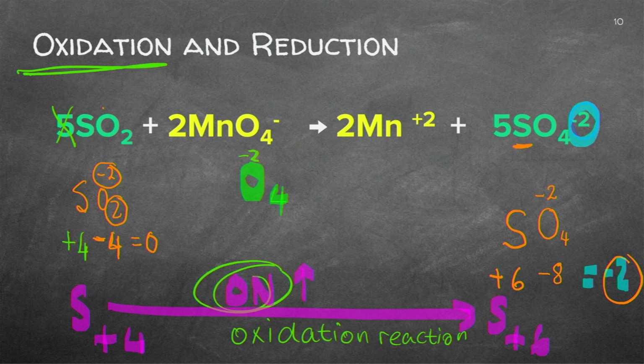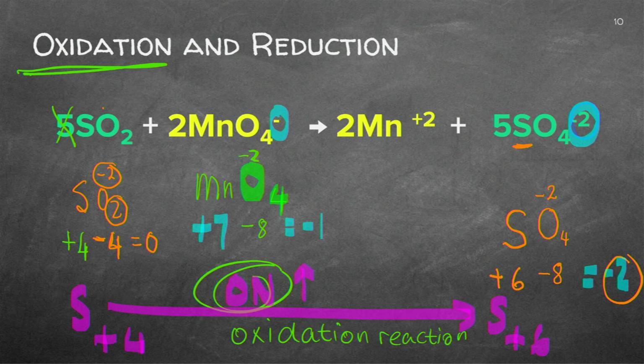If I have 4 of them, I'll have minus 8 there. That's bound to a manganese. What do I have to remember? That it's got a minus charge. So the answer needs to be 1 minus. Therefore, the 1 manganese will be plus 7.